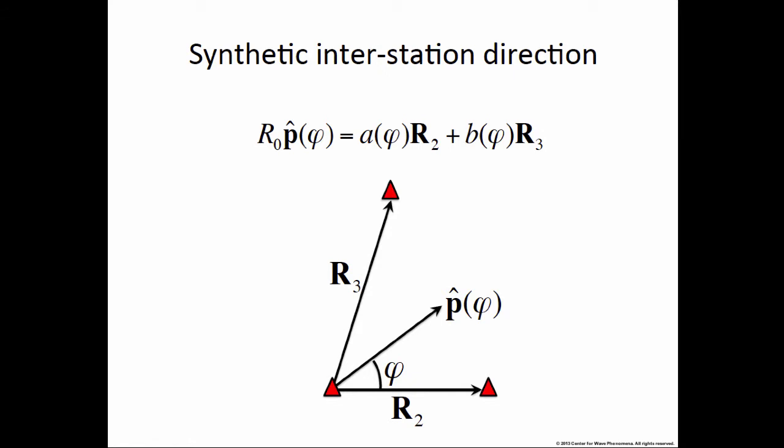And so for any angle phi, we can find those coefficients A and B that tell us how we should combine those two interstation vectors to give us a vector that's oriented in an arbitrary direction. And then to make this equation dimensionally correct, we put an R0, that's an arbitrary length, on the left-hand side. We typically take some average of the interstation distances for R0.